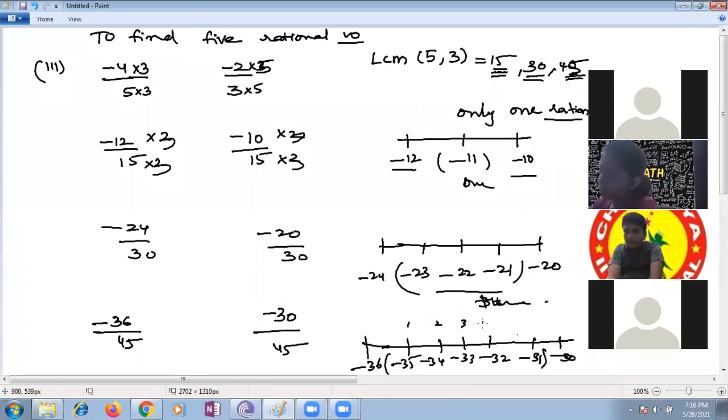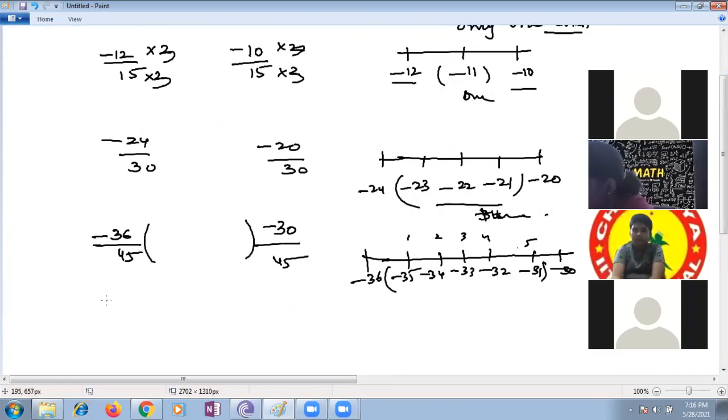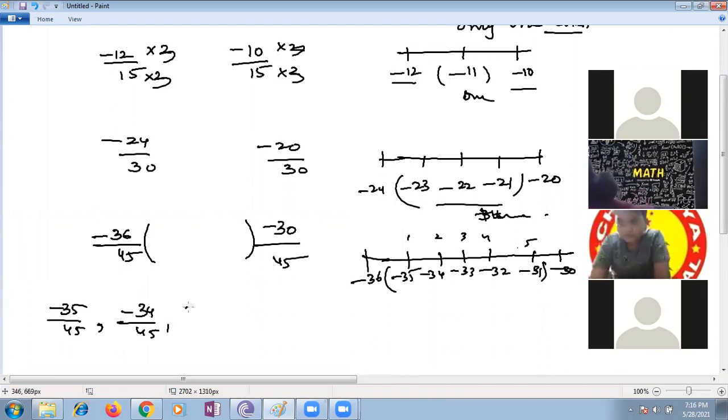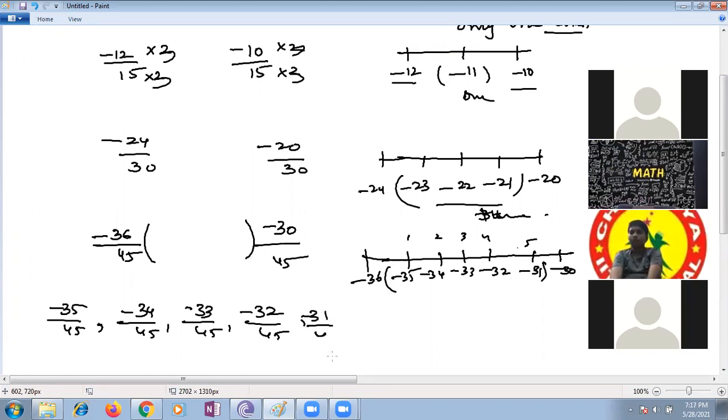Total five numbers. Now you have to write down, children, what the rational numbers in between are. You can write minus 35 by 45, minus 34 by 45, minus 33 by 45, minus 32 by 45, and the last one is minus 31 by 45.